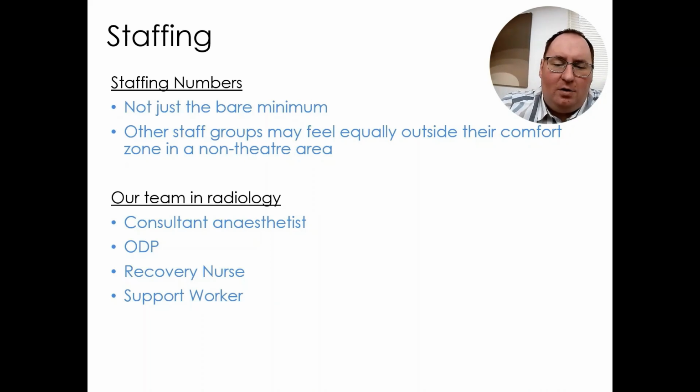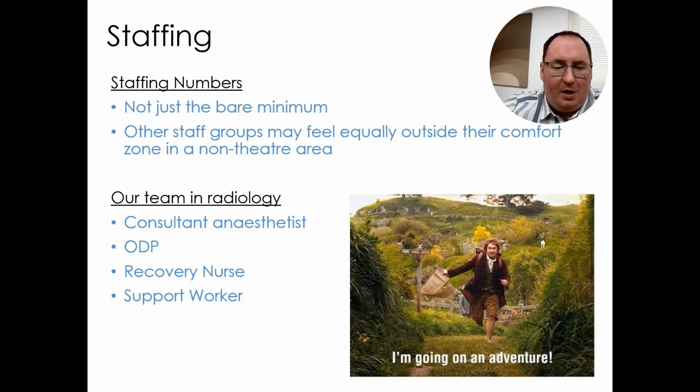However, the number of people isn't always the most important thing. The type of person and the enthusiasm of the person is probably just as important. We want more Frodos than we want toddlers, essentially. We want people who can become experienced and enthusiastic to develop these non-theatre areas and to train others.